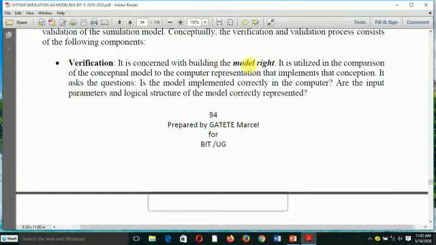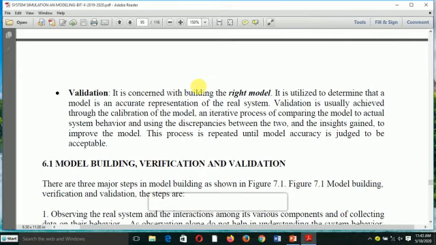You will build it with some mistakes, and then you will make it right after verifying it and correcting some errors. But in validation, you are giving a value to your model.